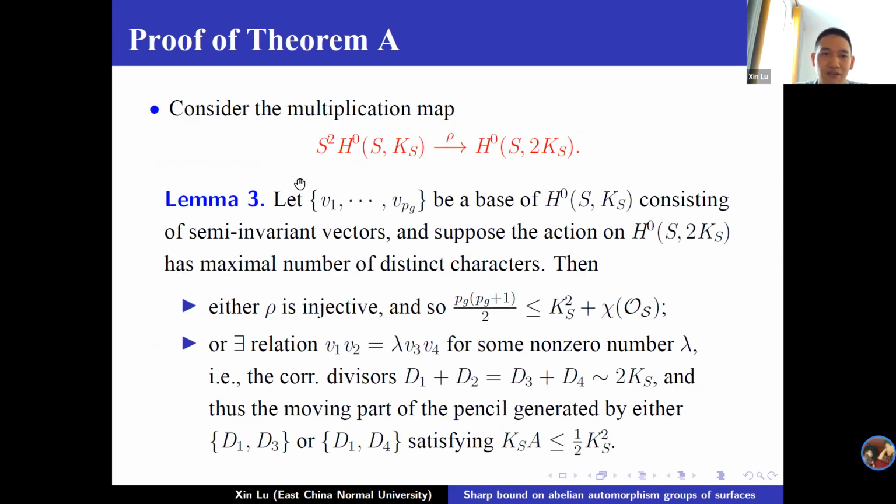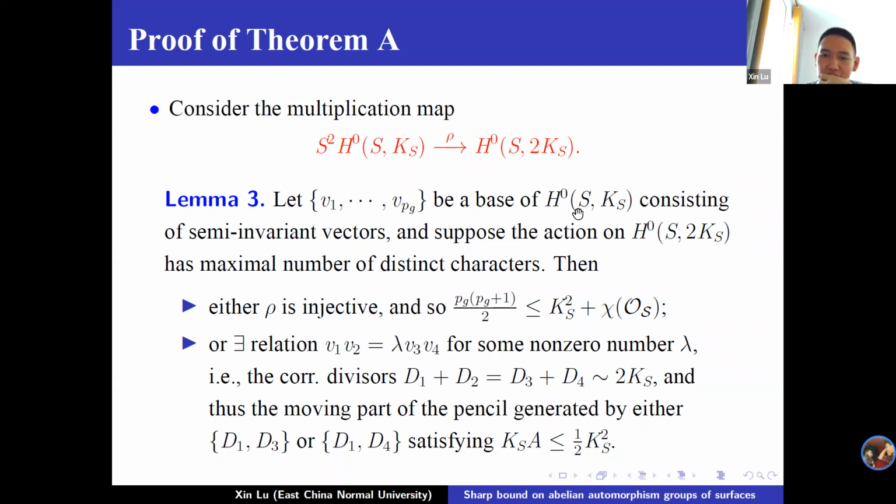Then we consider the multiplication map from the symmetric product of the global sections of the canonical divisor to the global sections of 2Ks. Then we have the following lemma to help us find the required G-invariant pencil.